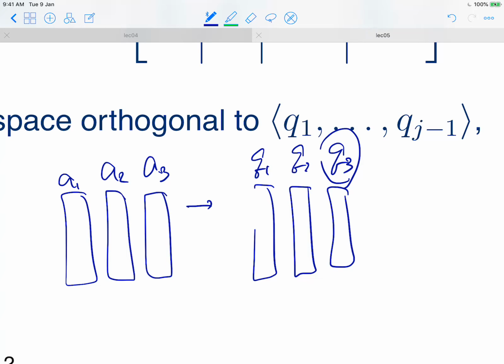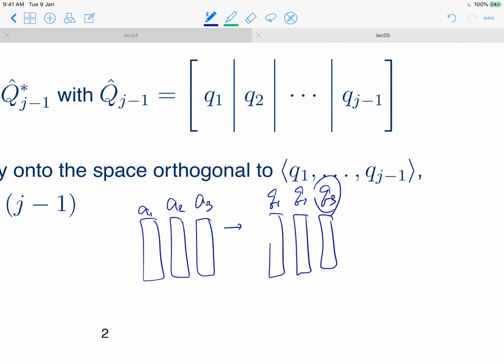If you imagine the Gram-Schmidt process, then from A3 we subtract the projection part onto the previously created orthonormal vectors, right?